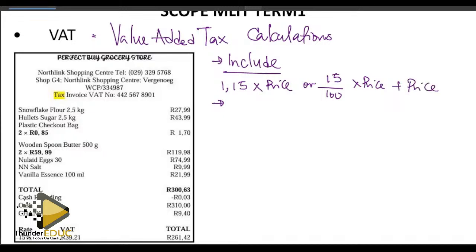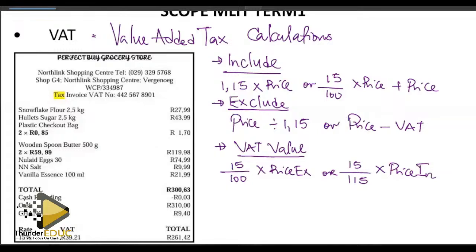Please remember, we are including. Then what about if you're asked to exclude VAT? What will you do? If you're asked to exclude VAT, that means the price which is given to you, you will have to divide it by 1,15, no any other way. Or the price given to you, that includes VAT.